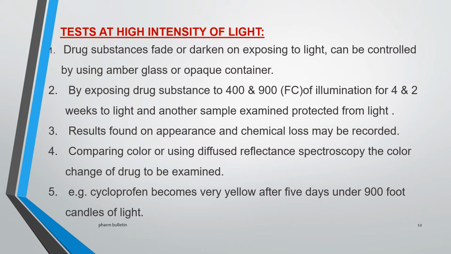After the results are obtained, both batches are compared and the stability is evaluated. As an example, I have given the drug cycloprofen, which becomes yellow after 5 days under 900 Fc.